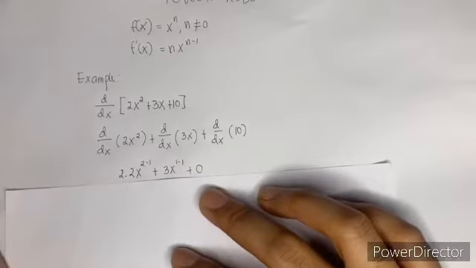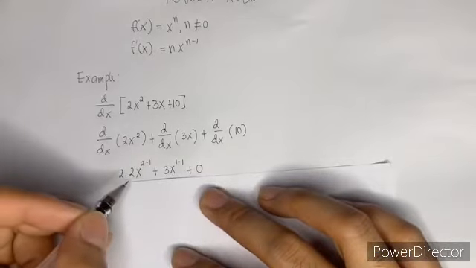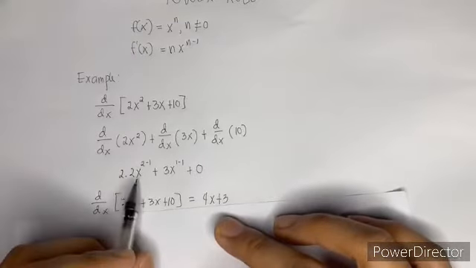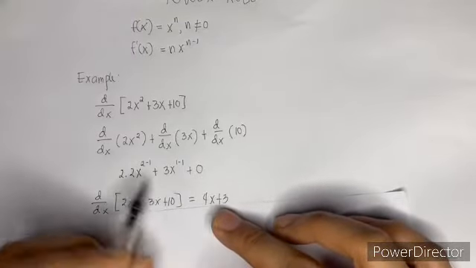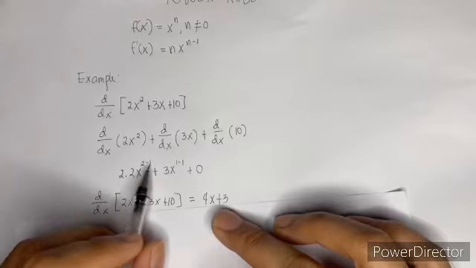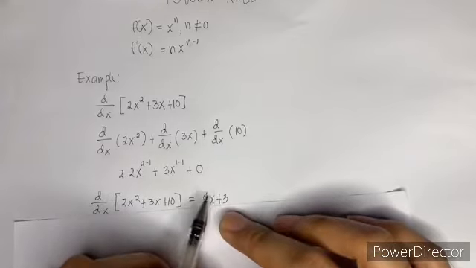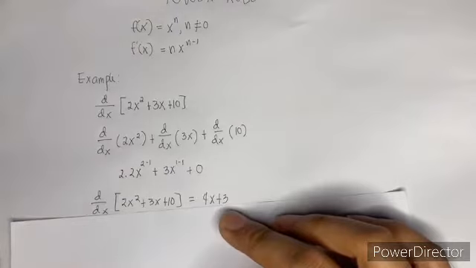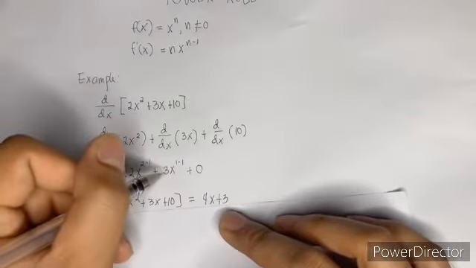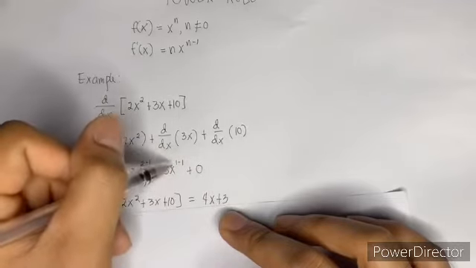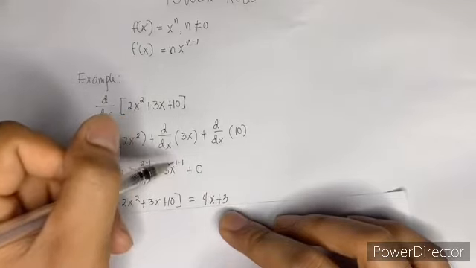We'll do the math. So 2 times 2 is equals to 4. Copy the variable. Then 2 minus 1 is equals to 1. So, no need na to put the 1 here, the exponent, kasi lahat ng variable is may exponent na 1. So, dito naman, 3, copy ang 3, so ang x, so 1 minus 1, 0.